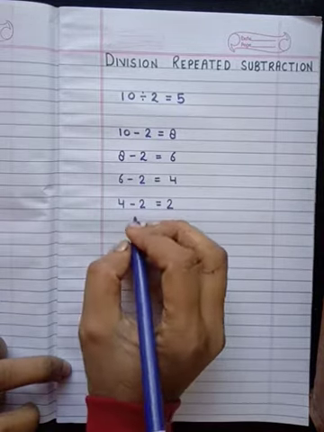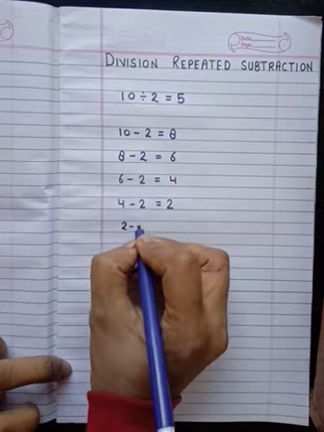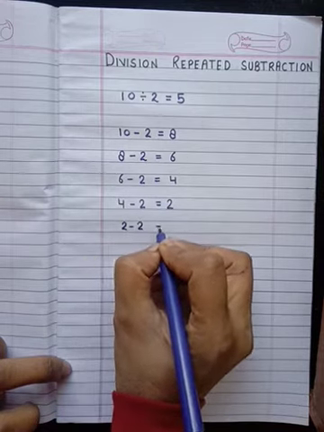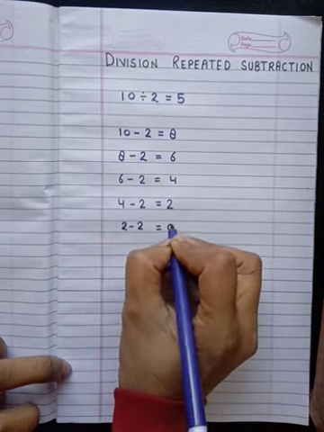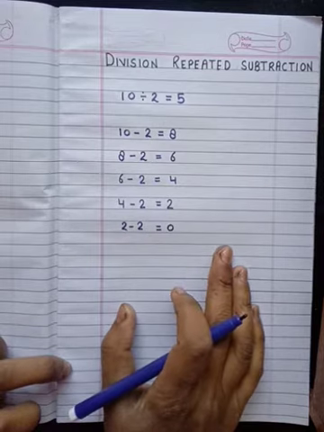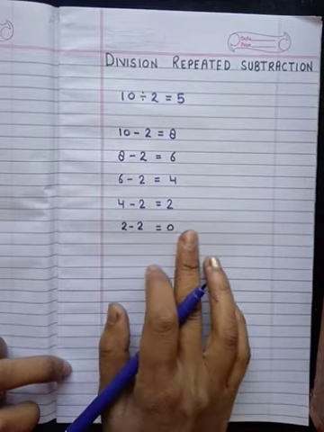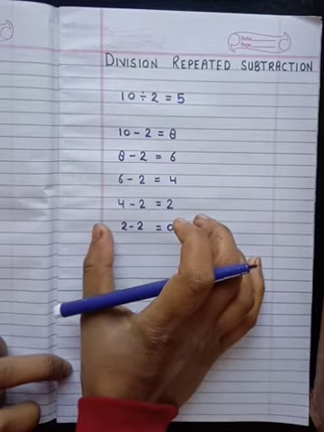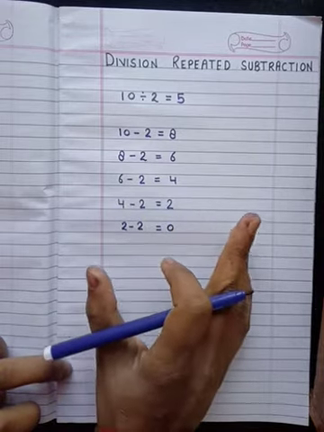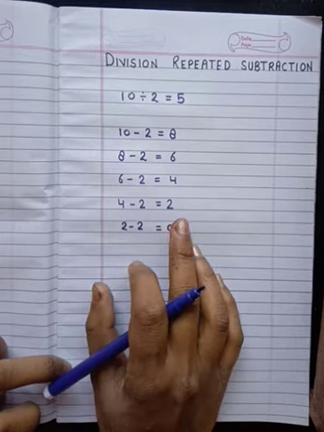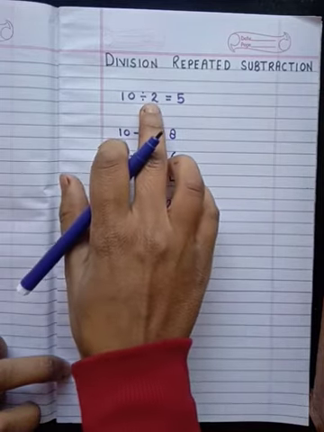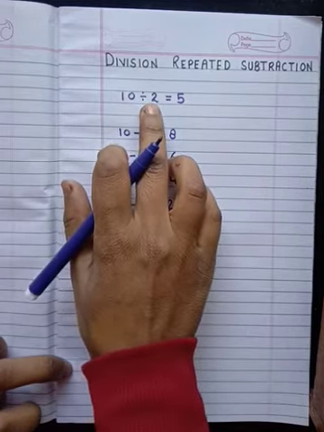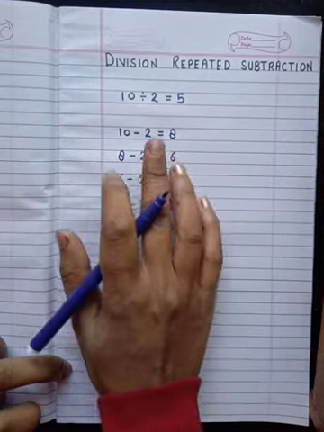Now 2 minus 2 is equal to 0. Now you have got 0, then you will stop. Either you should get 0 or a number which is lesser than this divisor. Now we have got 0.